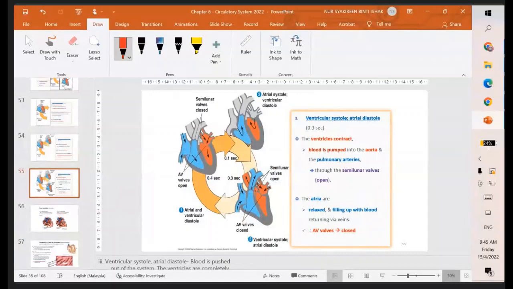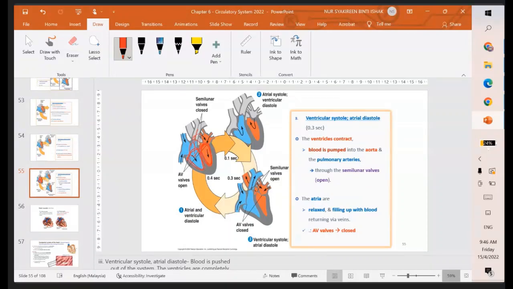This is right ventricle, this is left ventricle. Right ventricle dia akan pump darah ke luar jantung melalui pulmonary artery tadi. Pulmonary artery duduknya dekat atas jantung. Sama juga dengan aorta. Aorta duduknya ke atas jantung juga.